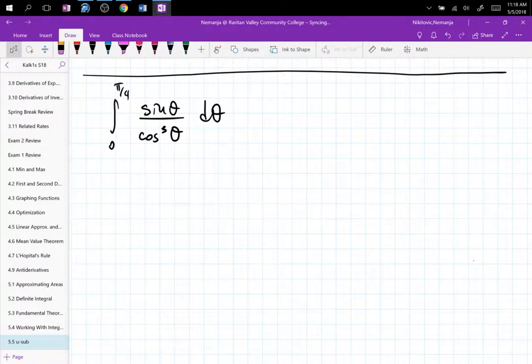What's u? It's either sine or cosine. Which one?